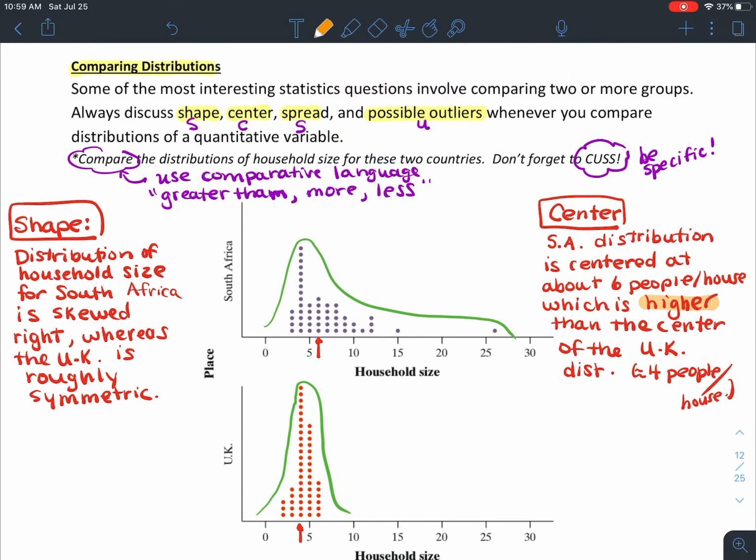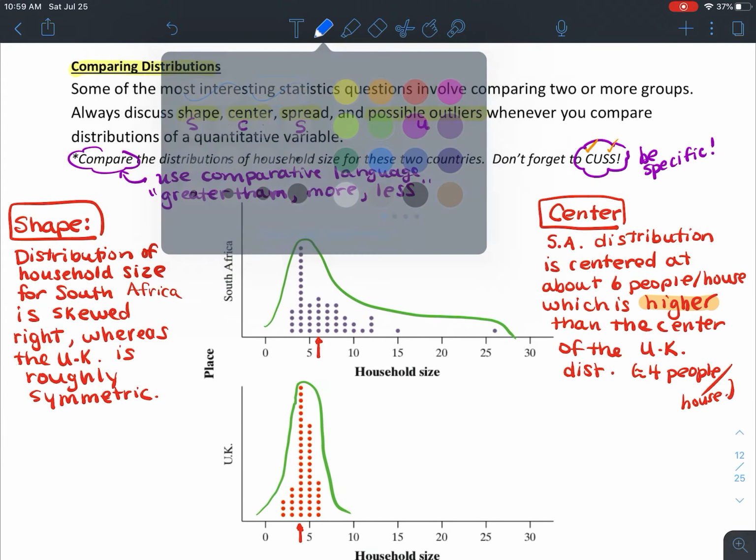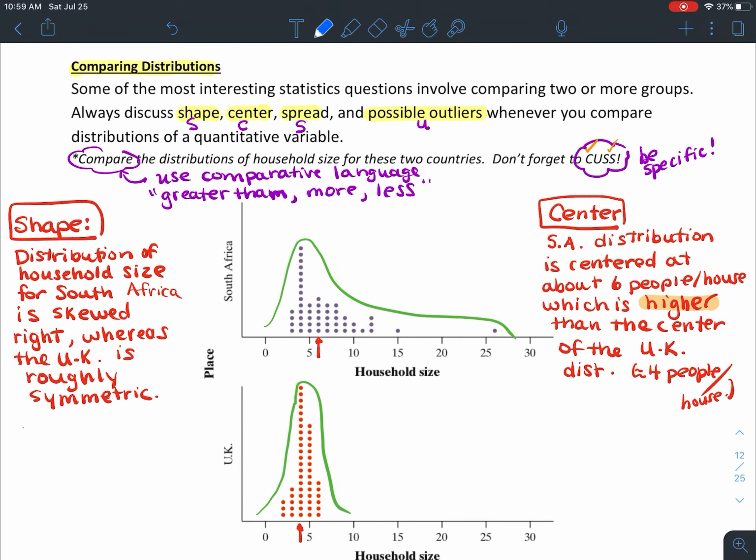So if I'm doing this CUS acronym, I've done the center, I've done the shape, okay? Now I'm going to shift down here. I'll go ahead and do the U in CUS, unusual values, which is also where we would say these are outliers, okay? Now, as I look at this, it doesn't really feel like the UK has any unusual values, but it certainly feels like maybe 26 here is an unusual, like a large number of people to have in a house, even in South Africa.